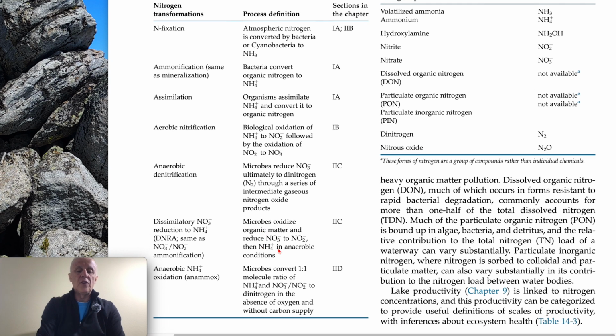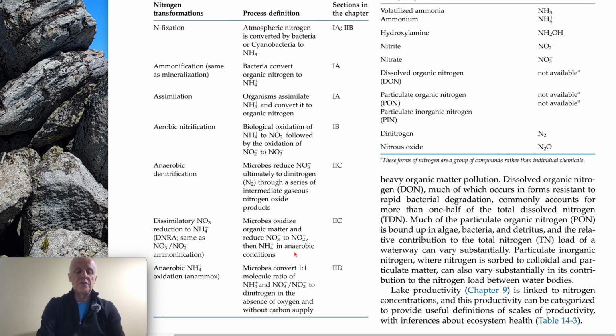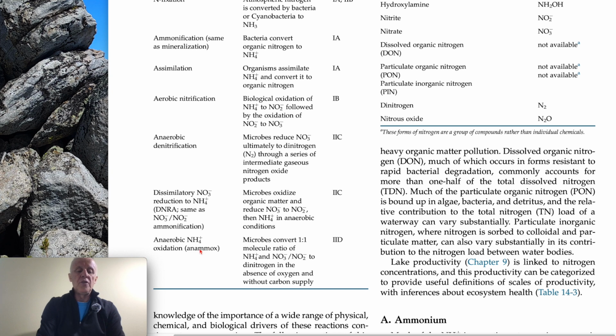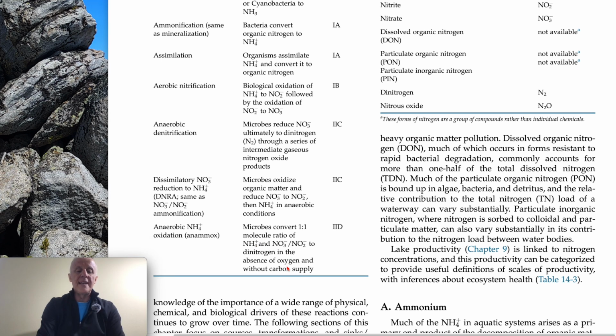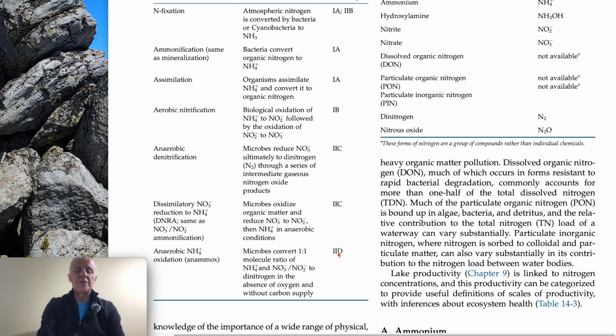Microbes oxidize organic matter and reduce nitrate to nitrite, then ammonium in anaerobic conditions. Anaerobic ammonium oxidation, or anamox, microbes convert 1-to-1 molecular ratio of ammonium and nitrite to dinitrogen in the absence of oxygen and without carbon supply.